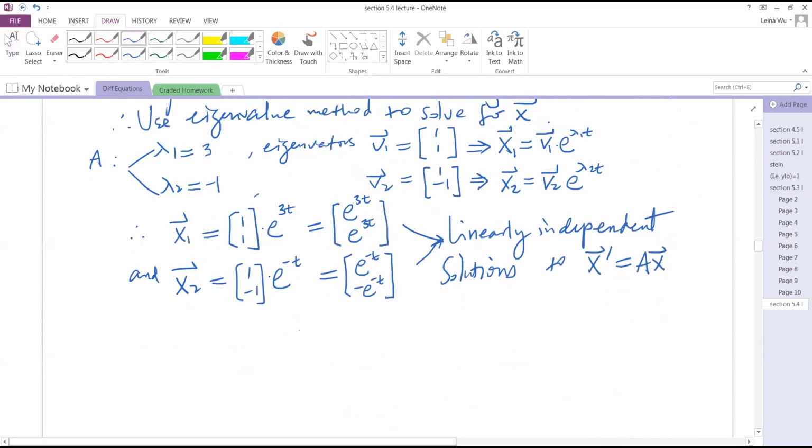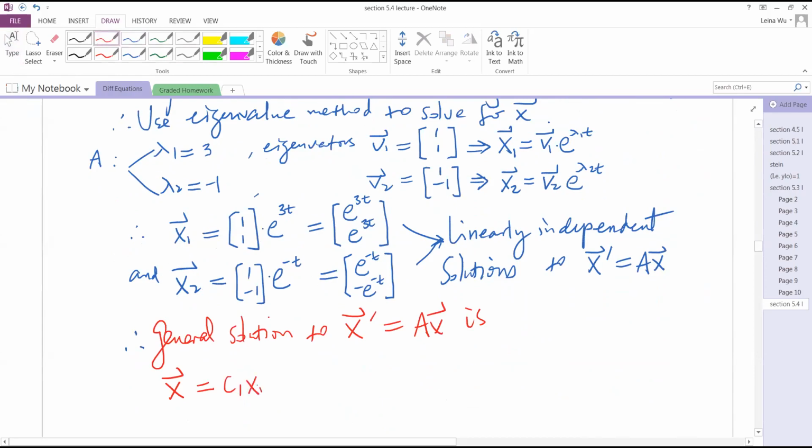So are we ready to write down the general solution? Yeah. The general solution to the system x prime equals A x, I can call it x, would just be a linear combination of these two, so c1 x1 plus c2 x2.